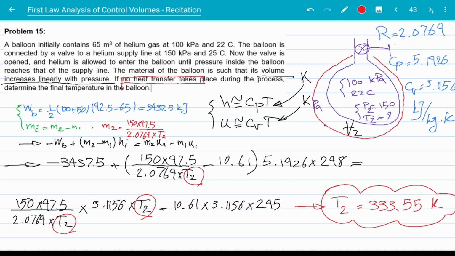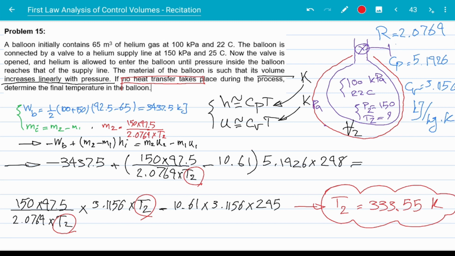For the final state, we needed temperature to find the mass. Then we used the first law equation for the boundary work because the volume had changed and we needed to find the boundary work. This was a process in which volume and pressure had a linear relation, so we used that to our advantage.